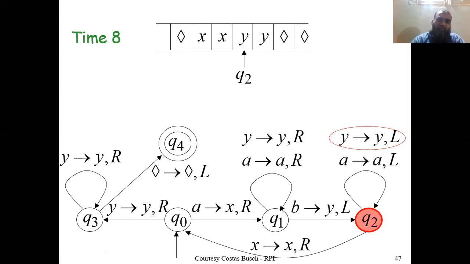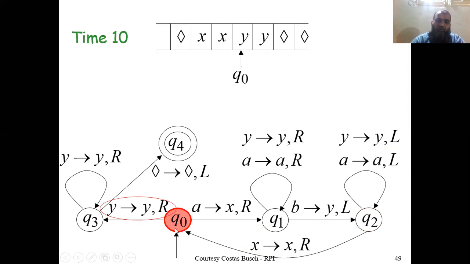Now you come back again to the left side in order to check if there is any A remaining. So you skip the Y: read Y, write Y, move left. Then there is X: read X, write X, move left.